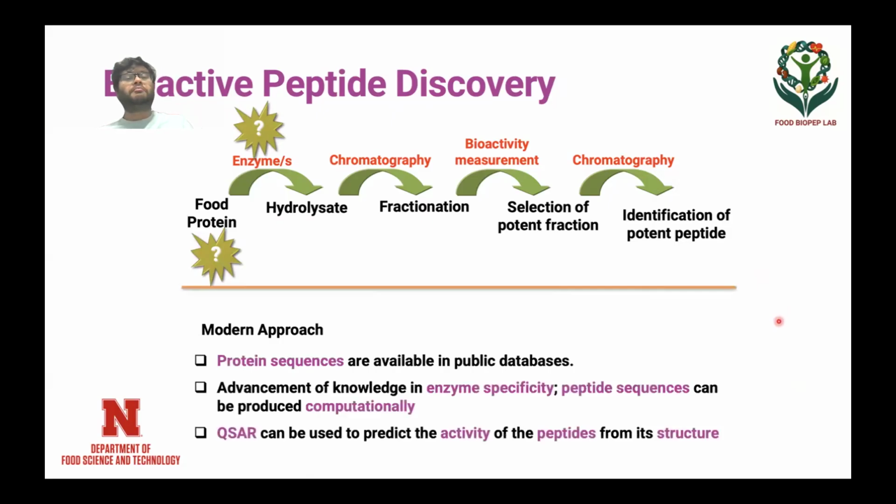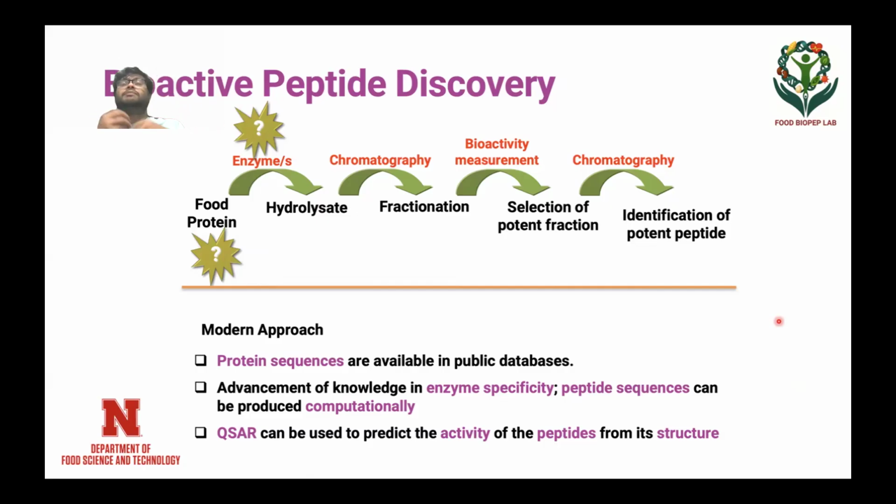And for that, the modern approach that came out is this: we know the protein sequences. If not all, then the majority of food protein sequences are present in public databases. And with advanced computational chemistry, we can now select, or simulate the action of, an enzyme.